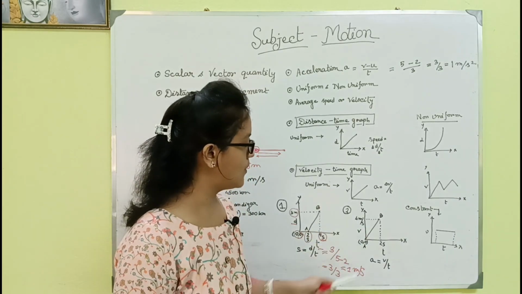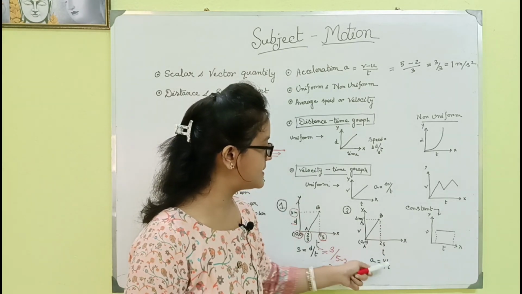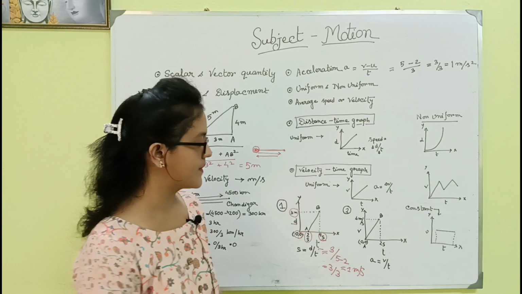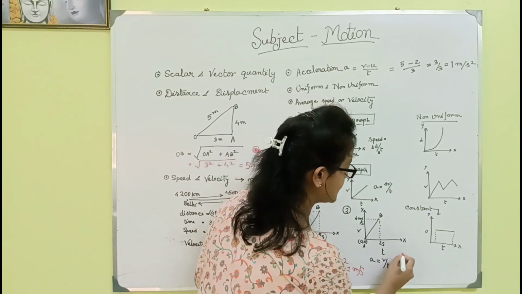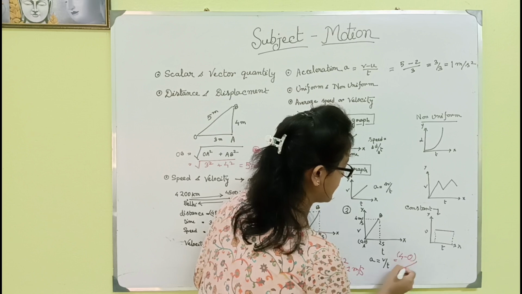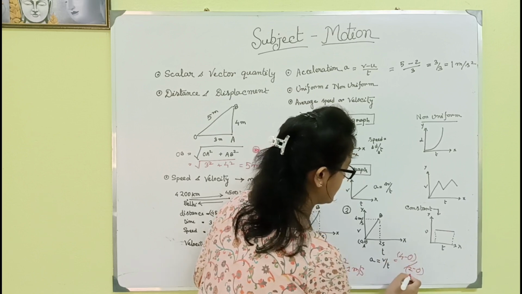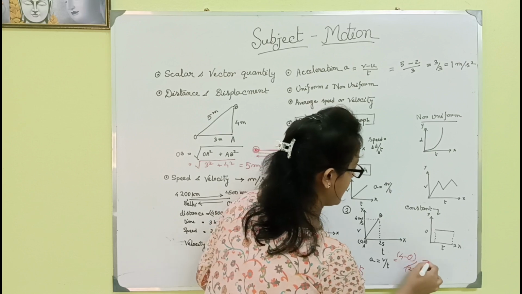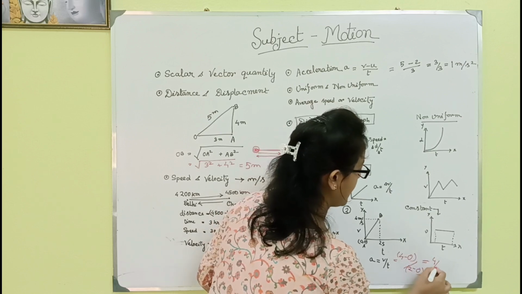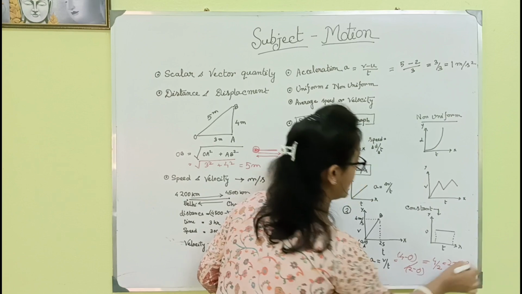To get the acceleration, v by t, velocity by time, here velocity is 4 minus 0 and time is 2 minus 0, and this is 4 by 2, 2 meter per second square.